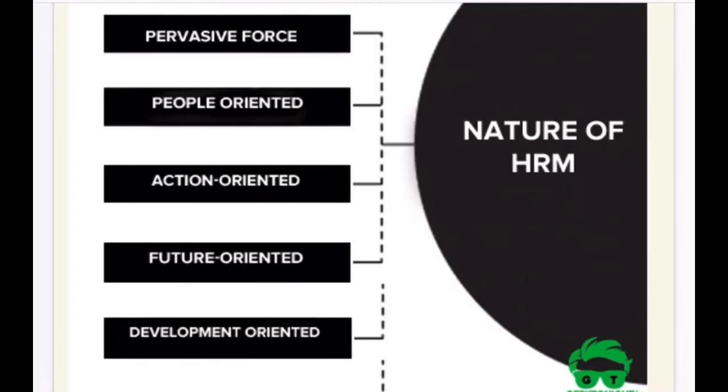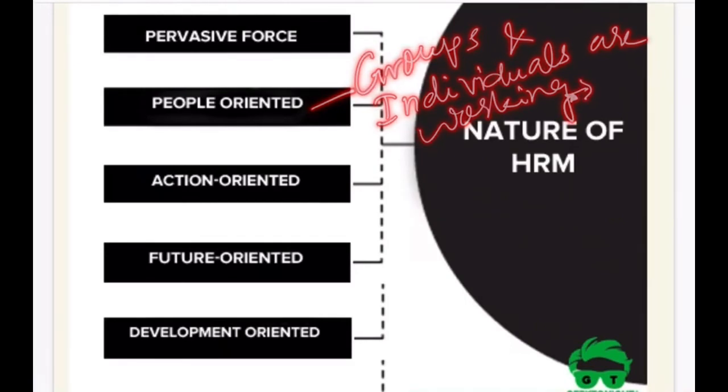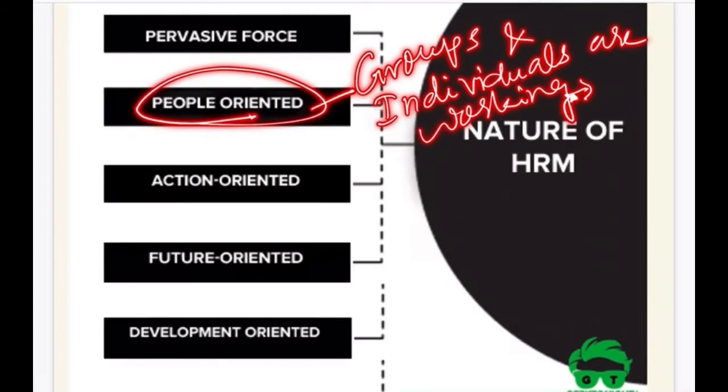So here in an organization, if you see, groups and individuals are working, all are human beings. If we give due attention to those human beings, then only they can give a good result to a company. So it is a very important nature. This HRM is people oriented.